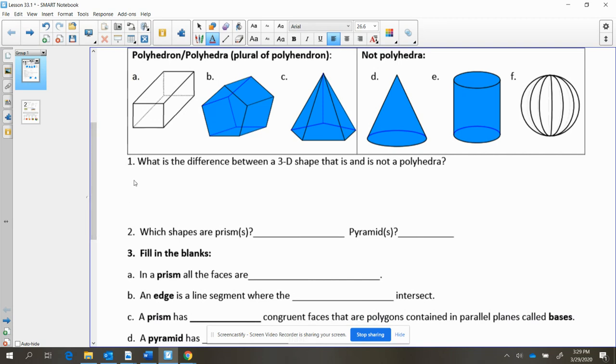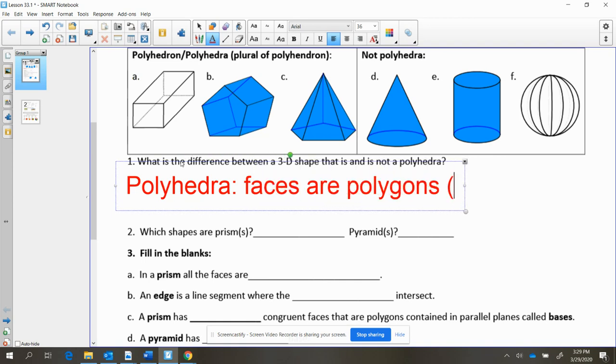Well, again, some open choice here. And again, you might have had different answers than I did, but what you could notice here is that with our polyhedra, one thing you are going to notice is that the faces are polygons.